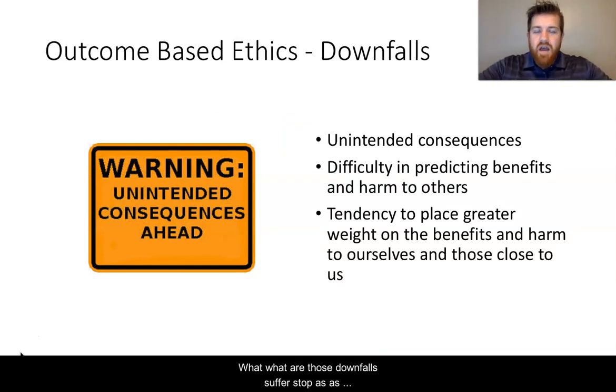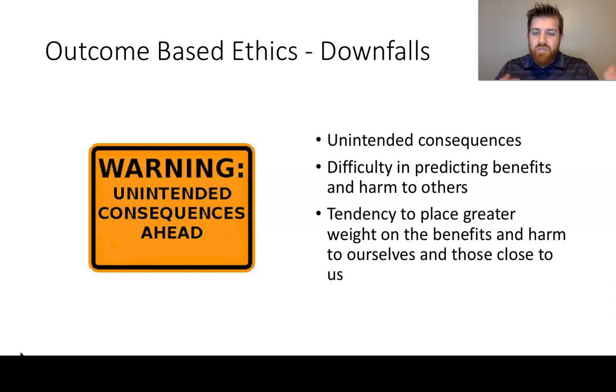So first off, as with any type of ethical reasoning, there's always going to be unintended consequences. But also, with outcome-based ethics, a lot of times we have difficulty in predicting the benefits and the harm different actions might have. And so, although the goal of utilitarianism and outcome-based ethics is to do the most good and the least harm, it's not always clear what action is actually going to cause the most good or the least harm.